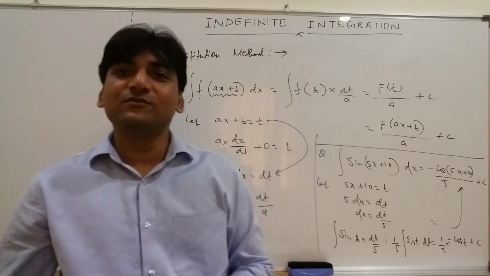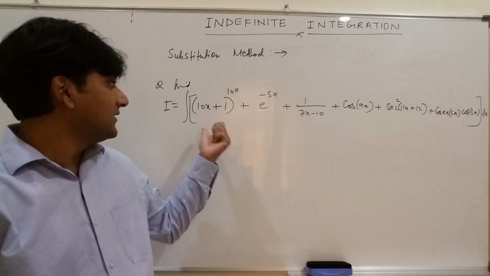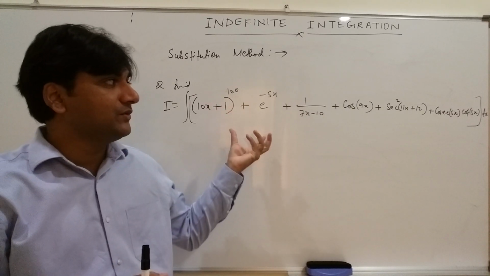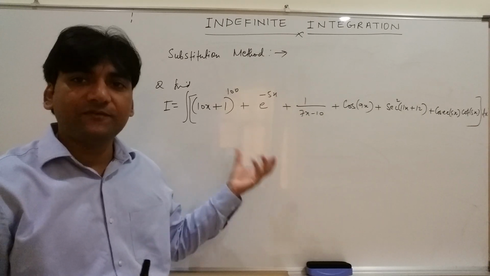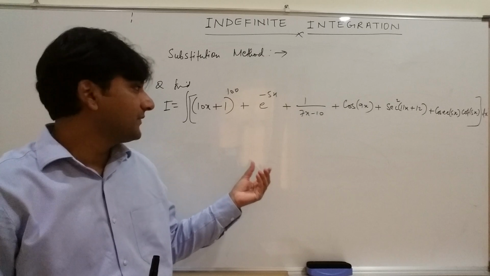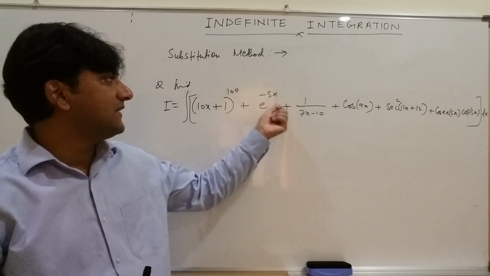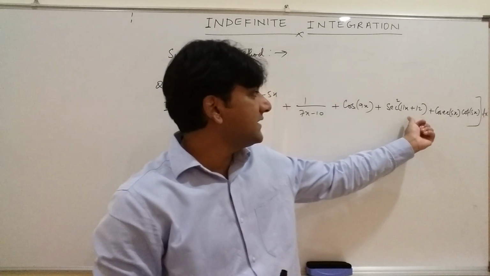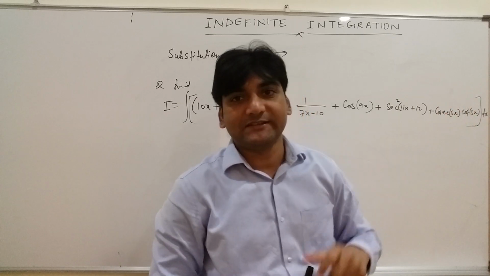Okay, let's do one more example. I have taken this question. In this question, I have tried to use all or some of the formulas which I had given. The integrand is (10x + 1) raised to 100, e raised to minus 5x, 1 over (7x - 10), cos 9x, sec square (11x + 12), cosec 5x times cot 5x.